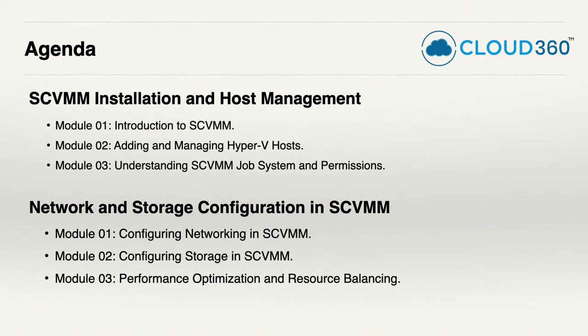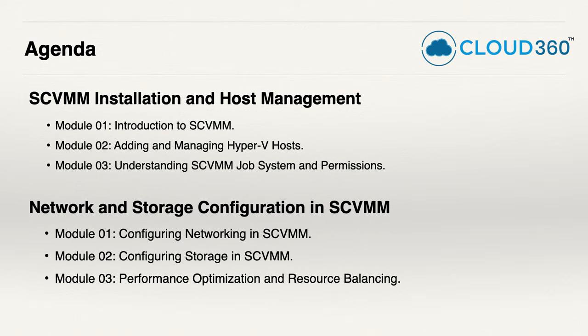The second learning path will be about network and storage configuration in SCVMM. How do we set up the overlay networks, like logical networks and the virtual machine networks, on top of a physical network? Configuring the storage includes adding the SAN-based or the file-based storages to SCVMM and assigning this storage to the clusters or Hyper-V hosts.